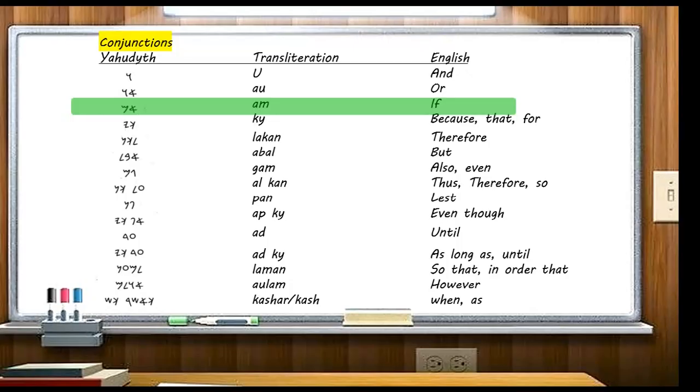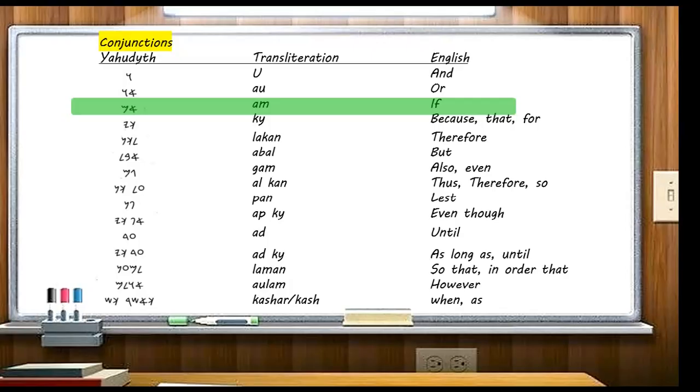Hey, those sort of sound alike, don't they? So with ayin mam, if alaf mam. This is why it's so important to also write the correct script, correct Yahudyth script, which is the middle script, so you know what the transliteration really is referring to, so you don't get confused with which one is if and which one is with.